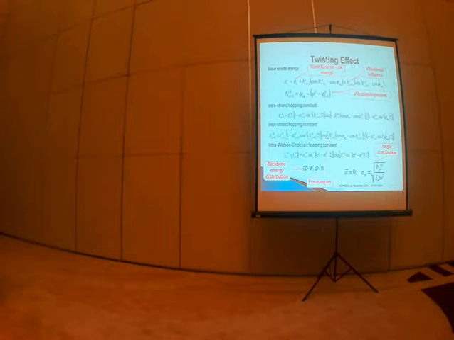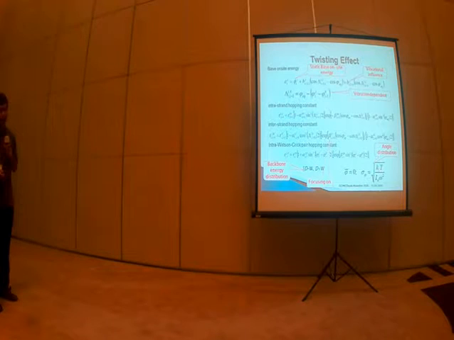And we assume that the twisting angles have average 0 following a Gaussian distribution function with standard deviations following this formula.